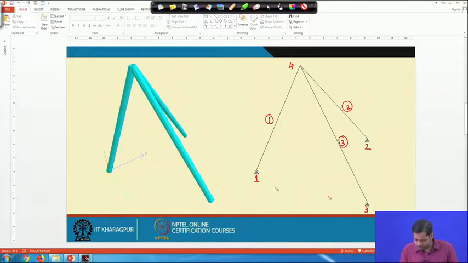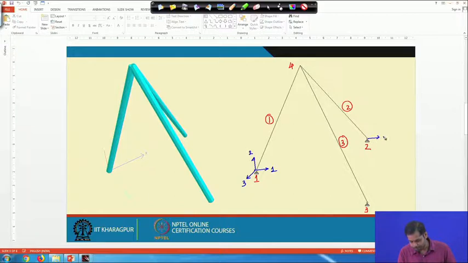Now, all these joints, joint 1, joint 2 and joint 3, are hinge joints. So, essentially displacement at these joints is 0. Since it is a space truss, at every point we have 3 degrees of freedom. This is U1, U2, U3.